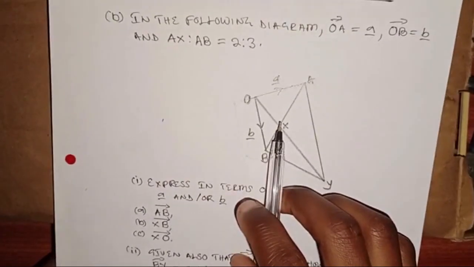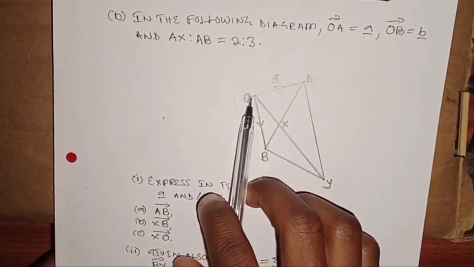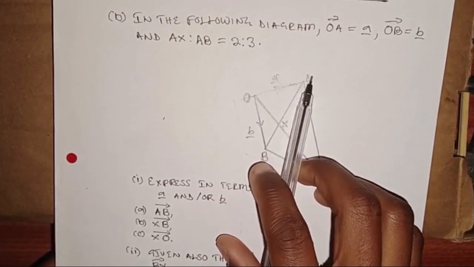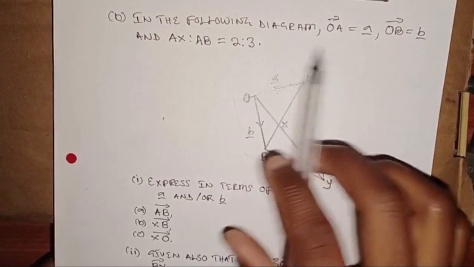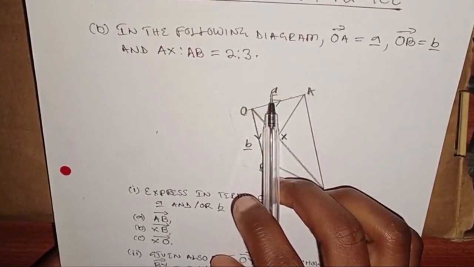So what is AO? Let us look at our diagram. As you can see, this arrow is moving from O to A. But since we are moving in the opposite direction, AO will have a minus.